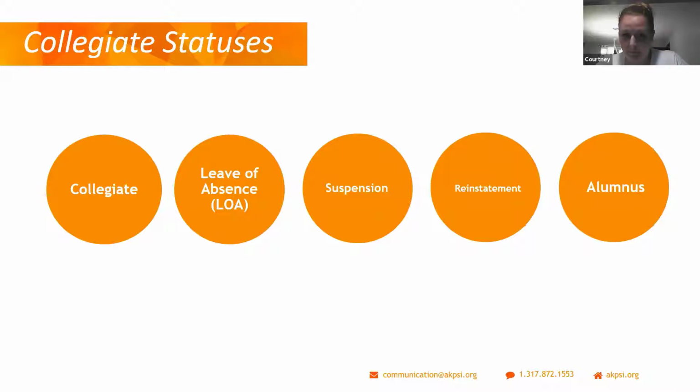So think alumnus, any reason they're leaving the university, that's when they're put into alumnus status. If an individual is suspended and they never do their reinstatement terms, they're just going to be left in the suspension until, in 20 years, if they decide to complete their reinstatement terms, they'll fix it then.